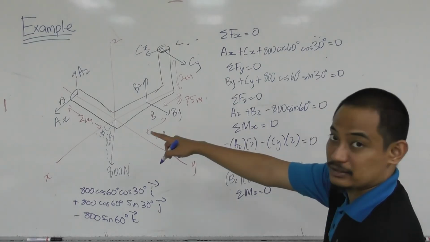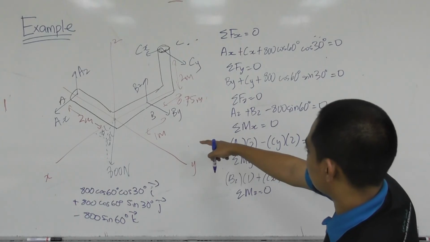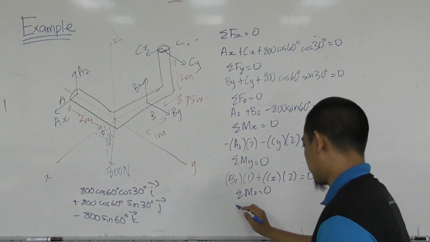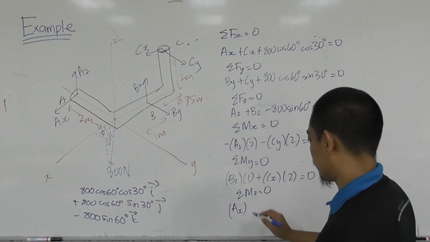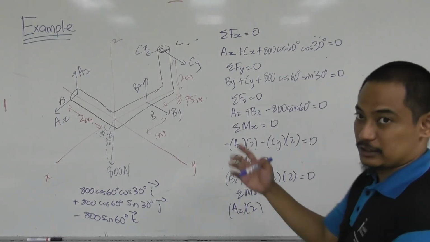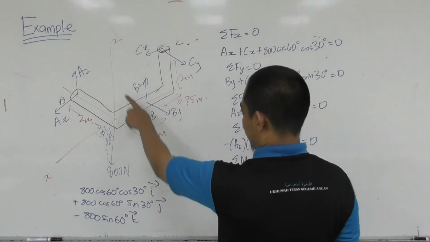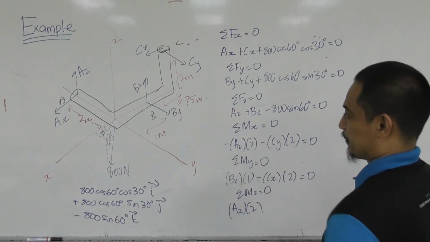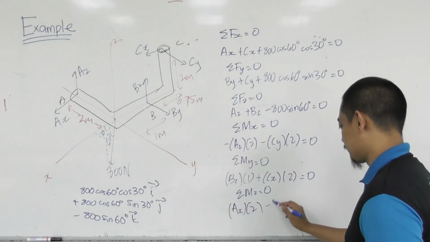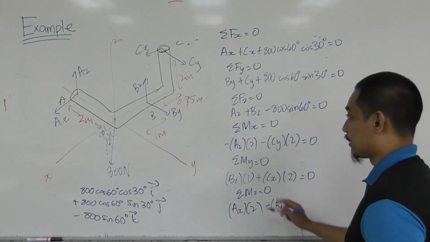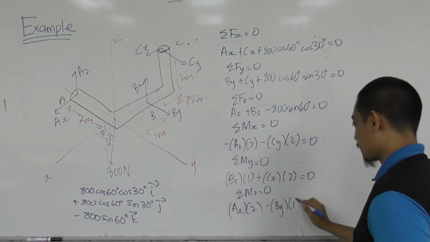So Ax does produce a counterclockwise moment. So Ax counterclockwise positive times distance of 2. Az is parallel, no moment. This one goes through the origin, no moment about z. By produces a clockwise moment, so minus By times the distance of, what is that, 1 meter.